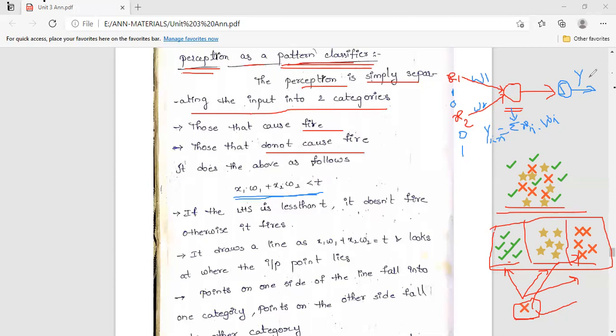Y out equals f of yn, isn't it? Already you know this also. F of yn is called the actual output. What is y here? Y is the actual output. What about T? T is the target output, which means the expected output by a customer or by a user.